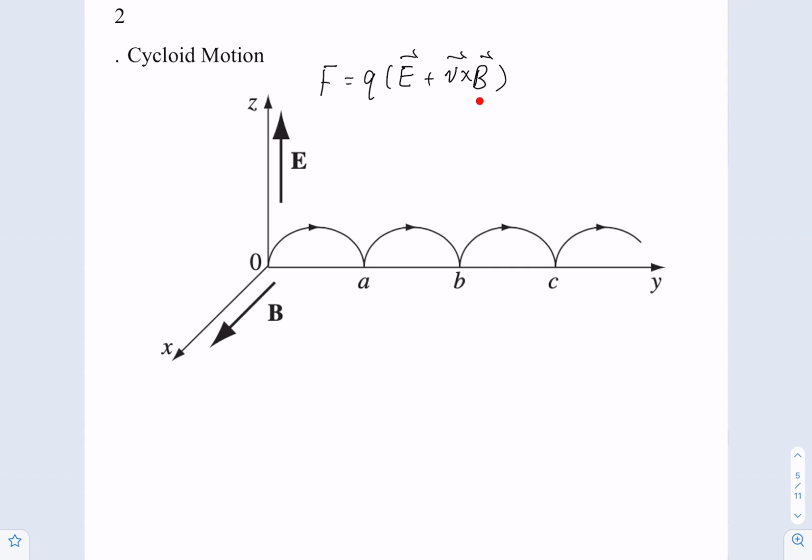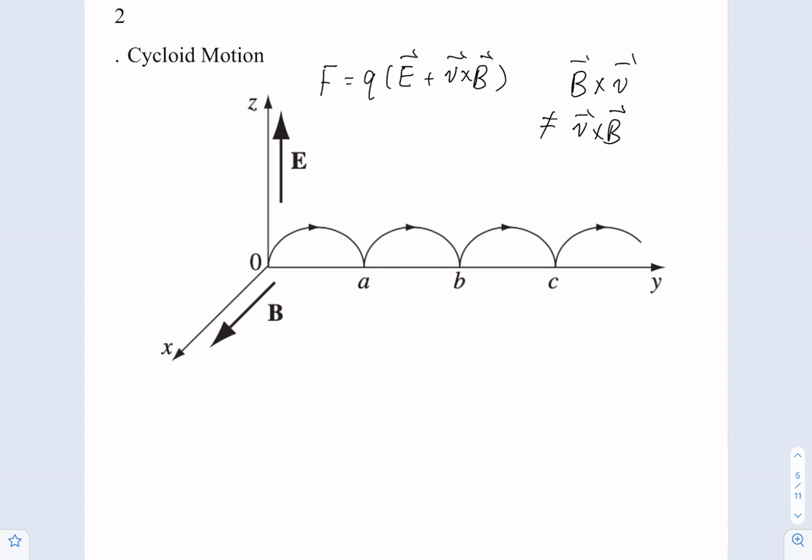In case you only remember QVB but don't know the exact sign, you might get it wrong, because V cross B is actually different from B cross V. So you have to remember this sign correctly. Otherwise, you might be mistaken by a factor of -1.